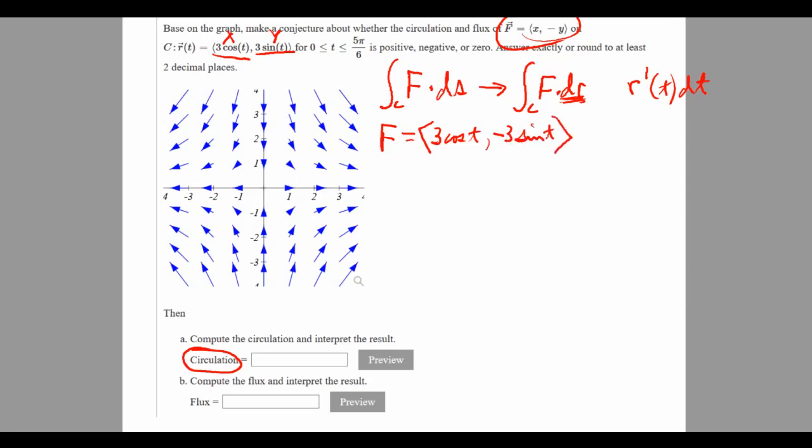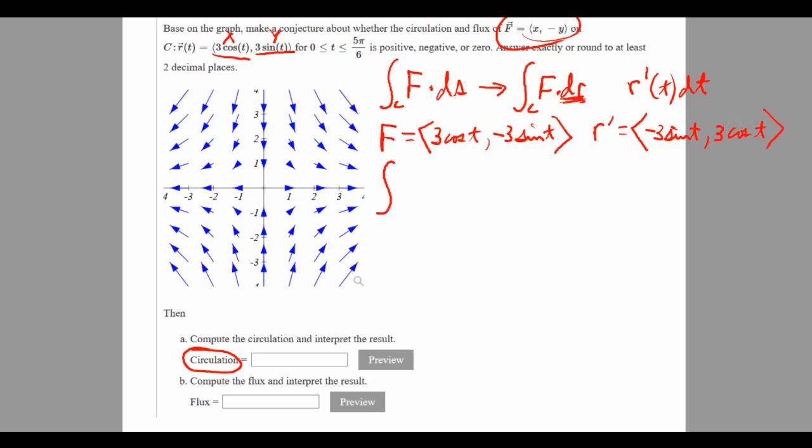So there's our field in terms of t's. We need the derivative of our curve. So the derivative of 3 cosine t would be negative 3 sine t, and the derivative of 3 sine t would be 3 cosine t.